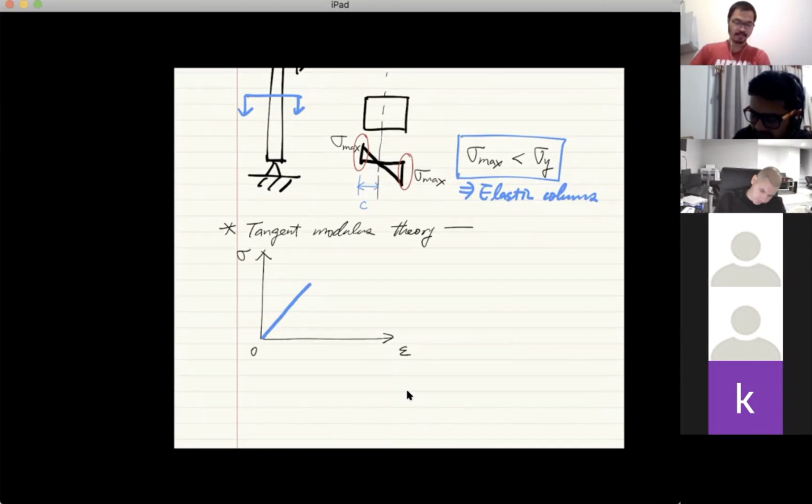After yielding, it will be reduced to another straight line, which means that the slope after yielding is constant. I mean the slope on the stress-strain relationship. Before yielding, this is well known as the original Young's modulus. And after yielding, this value here is what we call the tangent modulus. Hence the name tangent modulus theory, because of this parameter that we defined.